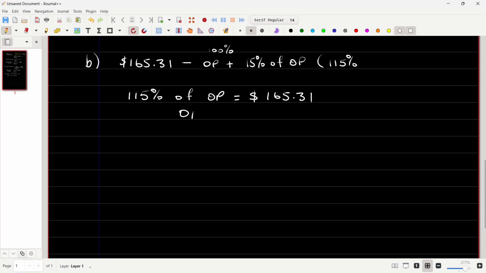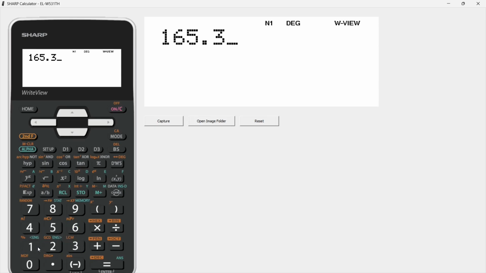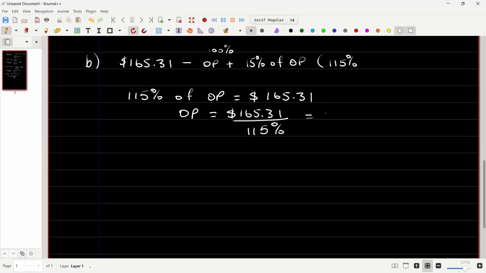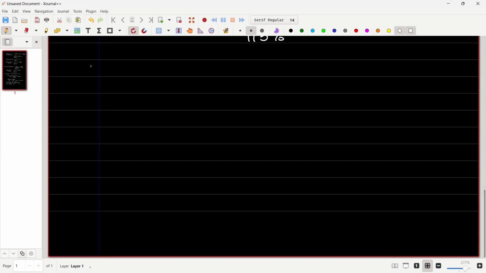That means if I want to figure out the original price, then I simply take that 165.31 and divide by that 115%. Now, if I want to remove that percentage sign, all I have to do is multiply by 100 over 115. But I can just simply use my calculator: 165.31 divided by 115%, and I will get $143.75. Let's do part C now.